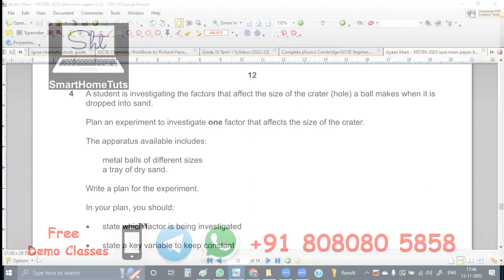Okay, let's see what this experiment tells us. A student is investigating the factors which affect the size of the crater, the hole a ball makes when it is dropped into the sand.